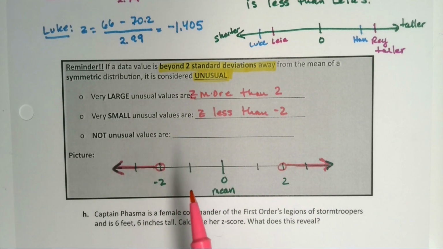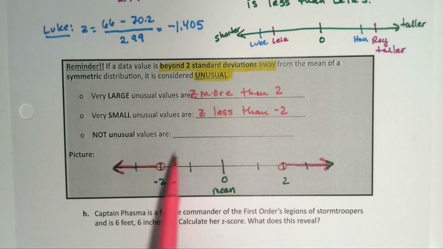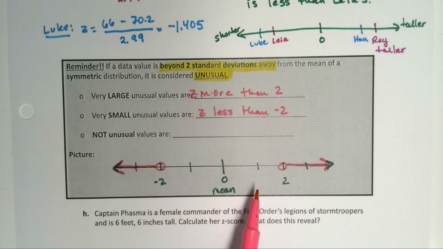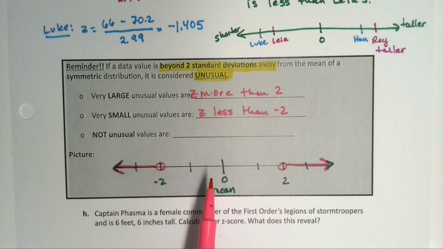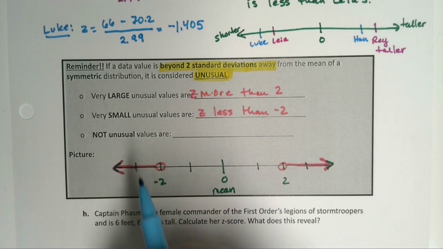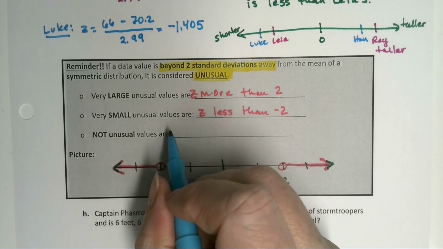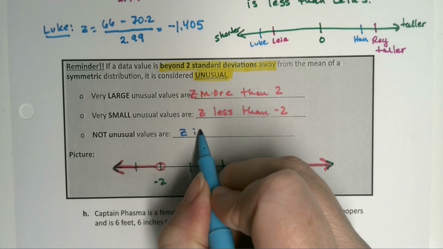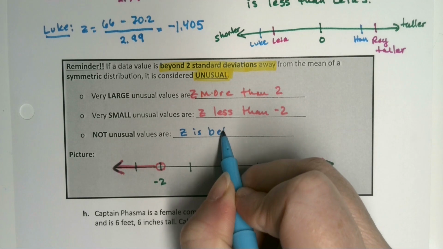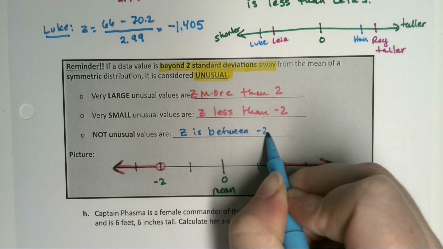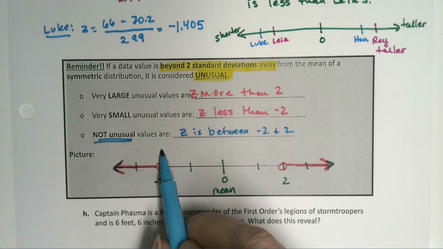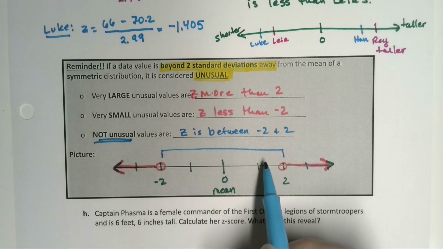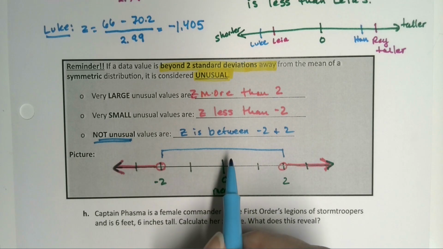Let's put it another way. The not unusual values are right here. So anywhere between -2 and 2, technically including -2 and 2. If your z-scores are between -2 and 2, that is not unusual.